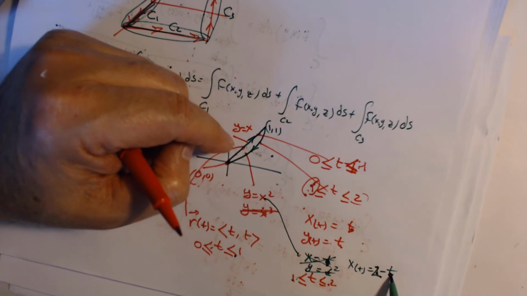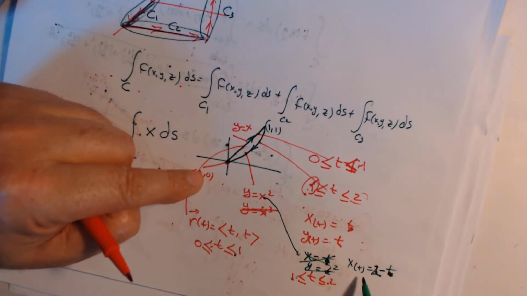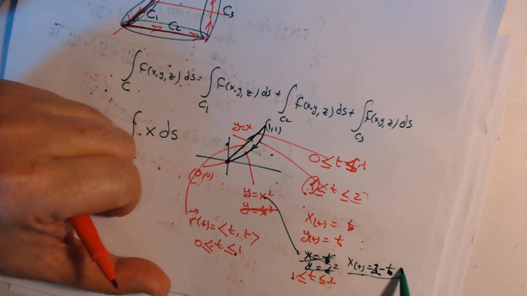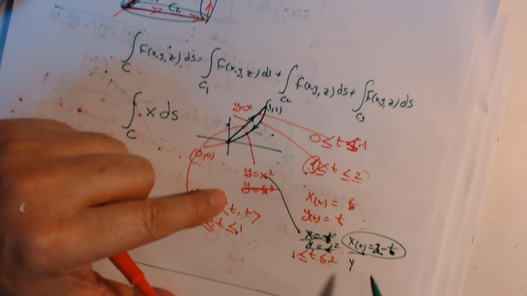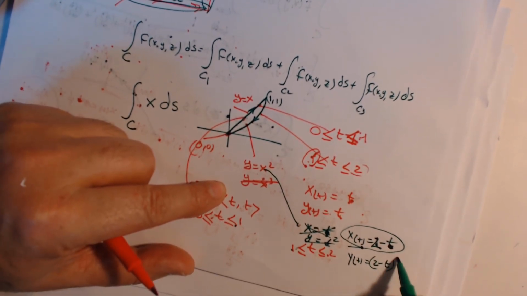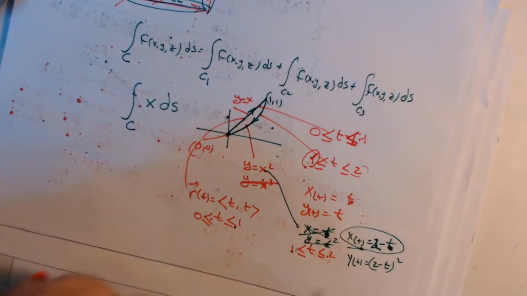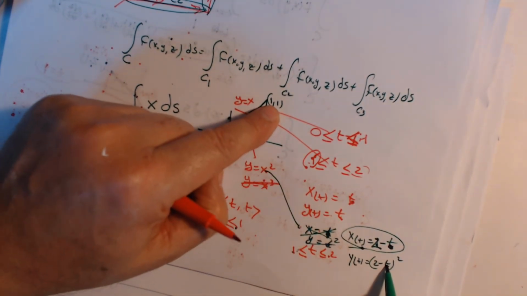When I put t equal to 1, I get 1. And when I put t equal to 2, I get a 0. Oh, that looks beautiful. But what happens if I put my y of t equal to 2 minus t squared? Let me think. When I put 1, I get a 1.